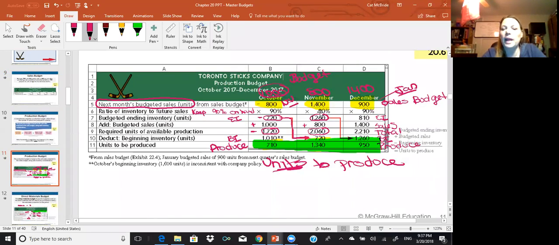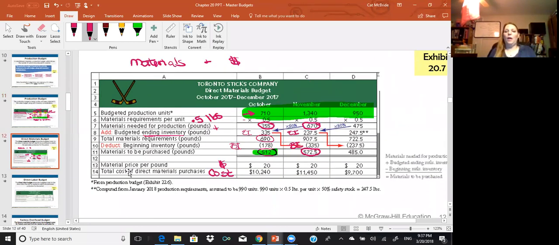But because we keep 90% on hand for next month's sales, we do a lot of the production for the next month in the previous month. That's why when we look at materials, we have to purchase more materials in November and make more product in November than in December, because we make our product 90% ahead of time. That make sense?